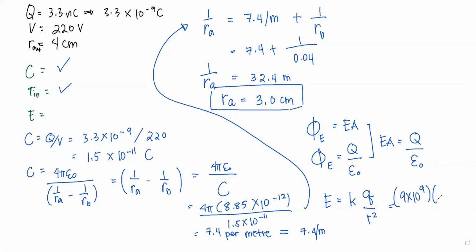Your Q is this one, 3.3 times 10 raised to negative 9, divided by your R squared, which is the inner radius, so 3 cm, 0.03 squared. Now this will be 3.3 times 10 raised to 4 newtons. Is it newtons? You have to remember the unit for your electric field.